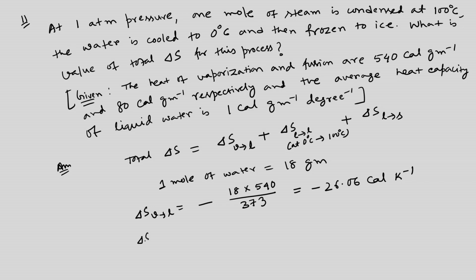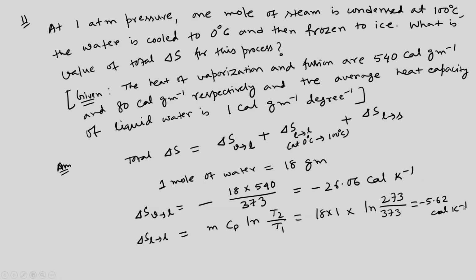And delta S liquid to liquid, okay, for this we use the relation m Cp ln T2 by T1, which is 18 times 1 times ln 273 by 373, and it gives us minus 5.62 calorie per Kelvin. And delta S liquid to solid, again heat is released here.